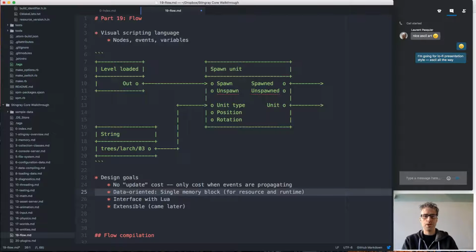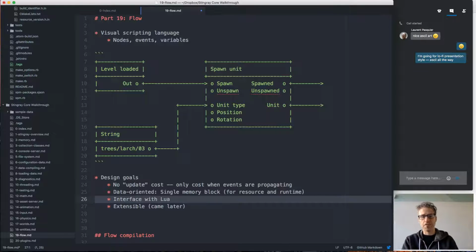So we want to store this in single memory blocks rather than big graphs. So compile it down into memory blocks, and also for the resource, and for whatever runtime data we need. For example, the unit here will be set at runtime, and that data too we don't want to allocate as 1,000 individual heap allocations. We want to have this nice block structure for that data too.